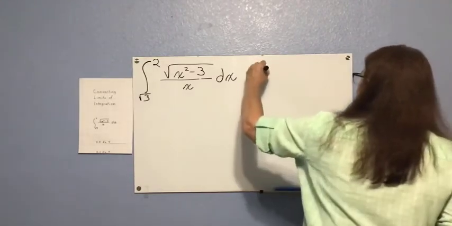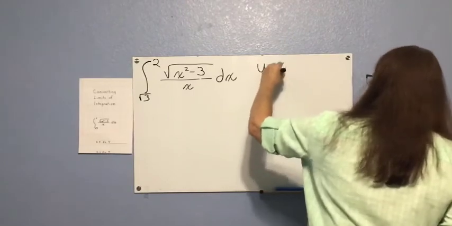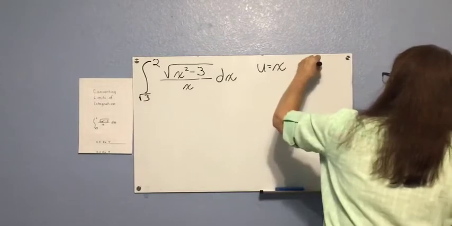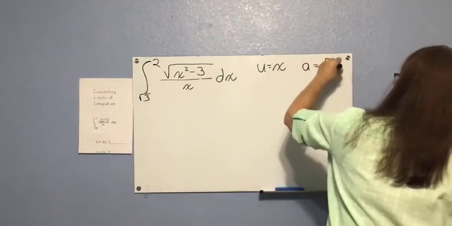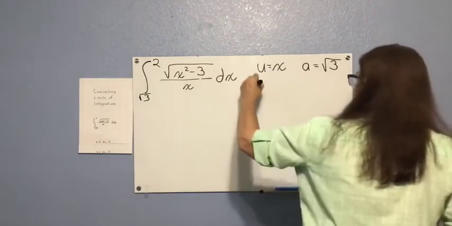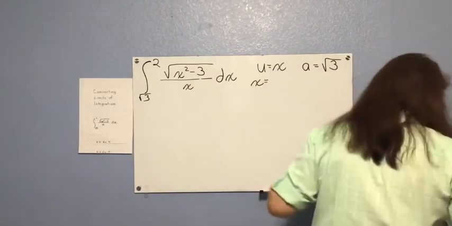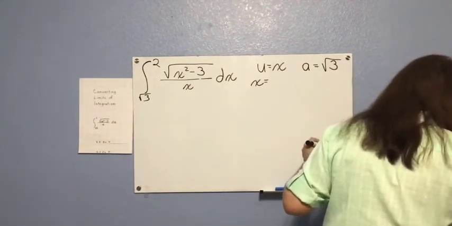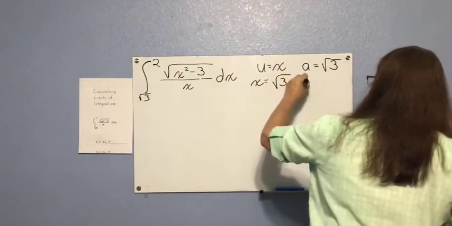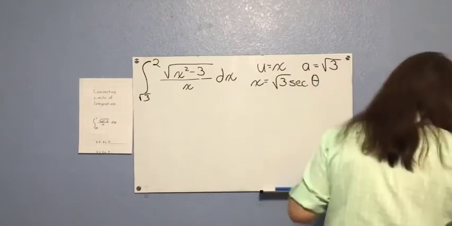So we're going to say that u equals x, a equals the square root of 3, and x equals square root of 3 secant theta.